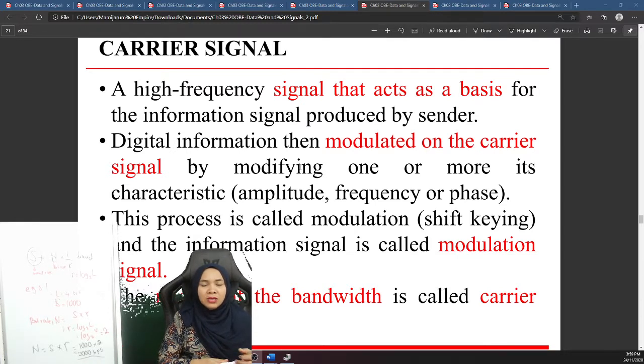This process we call as modulation shift keying, and the information signal is called the modulating signal. The middle of the bandwidth called sebagai frequency carrier, FC. Alright, so nanti kita akan tengok in detail ada beberapa modulation techniques used to convert from digital data kepada analog signal.